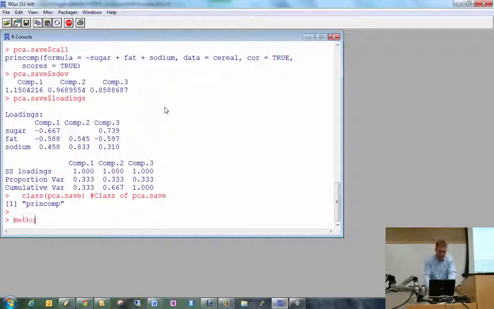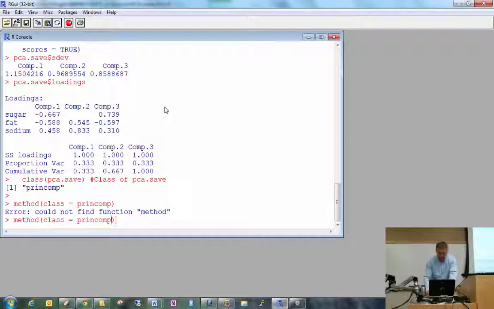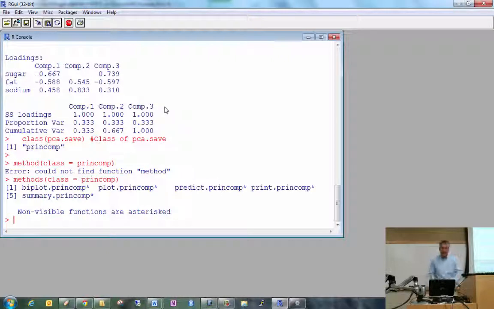Now, the reason why it's important to know what that class is: remember, in R there are things called generic functions and method functions. So if I say methods, class equal princomp, I see a listing of what are called method functions that are available to me that I can use with objects that result from princomp.